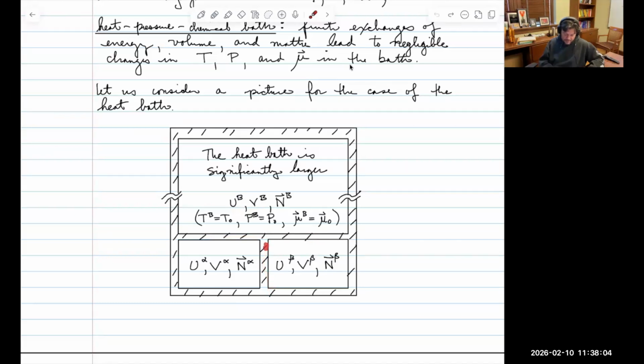Usually we just move this wall out of the way, right? And then we allow exchanges of the two subsystems. But now we're going to put things in contact with this large heat bath, and we're going to see what happens in this case. And the free energy is going to play an important role in the dynamics of this case.